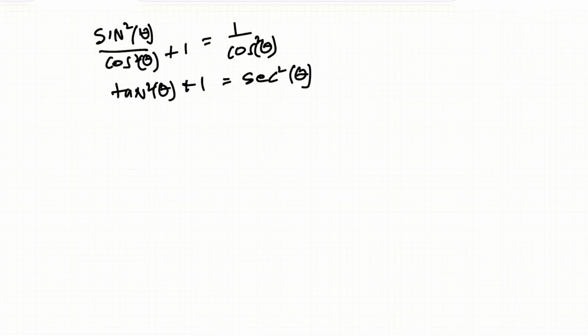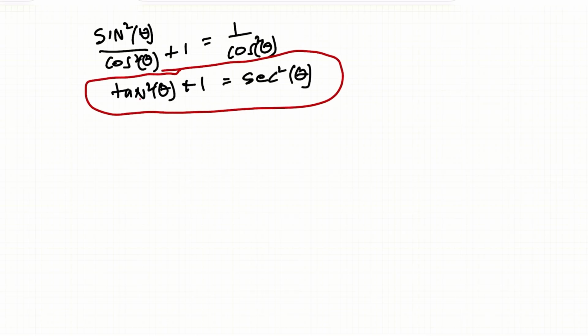So here's another relationship that's part of this Pythagorean identity that relates the tan squared theta plus 1 is equal to secant squared theta.